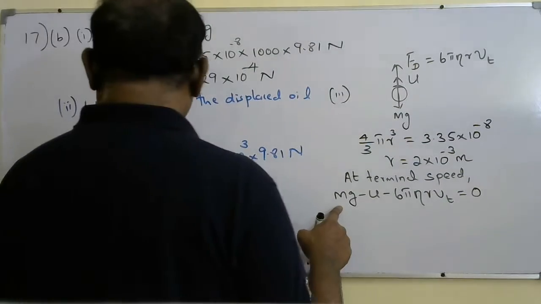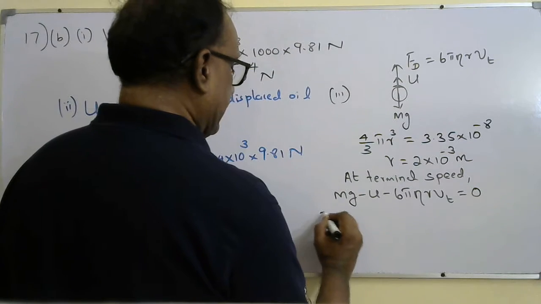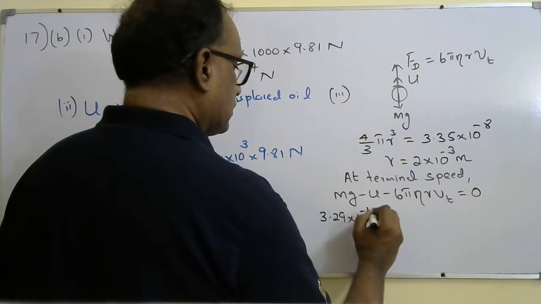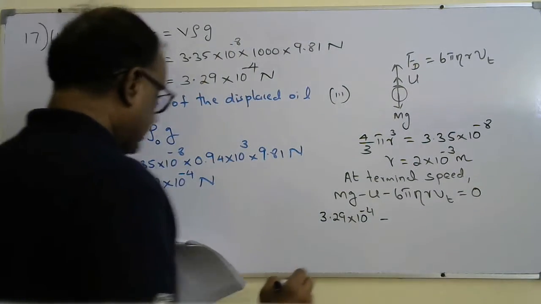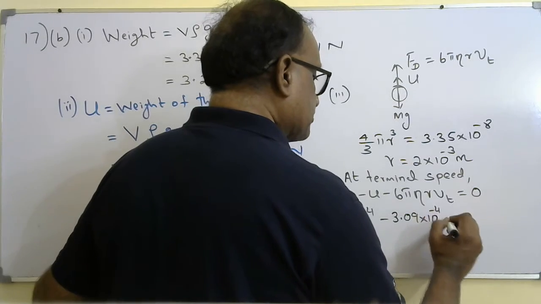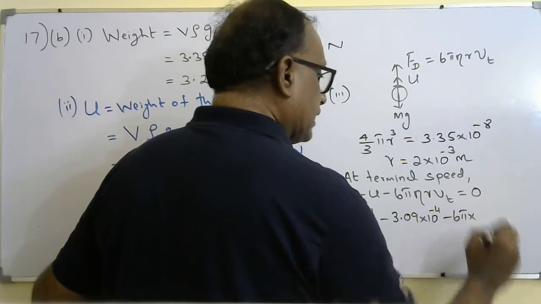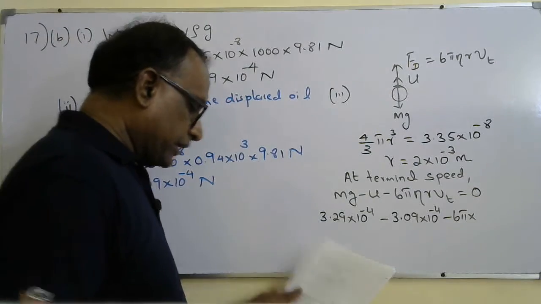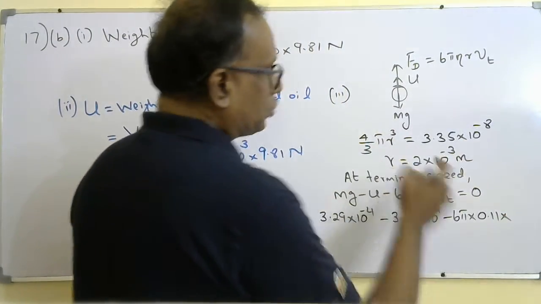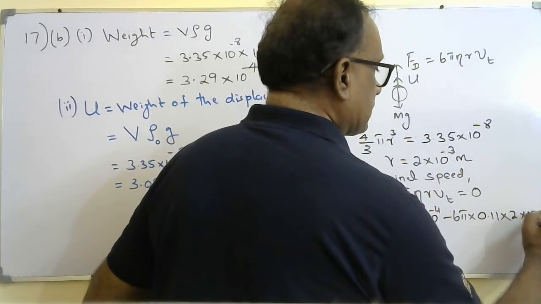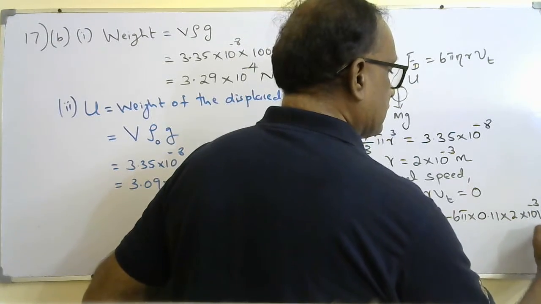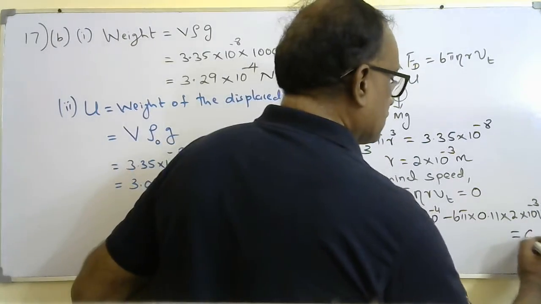We know mg, which we found as 3.29 × 10^-4, upthrust 3.09 × 10^-4, minus 6π, the viscosity given 0.11, radius we found as 2 × 10^-3, into vt, equal to 0.